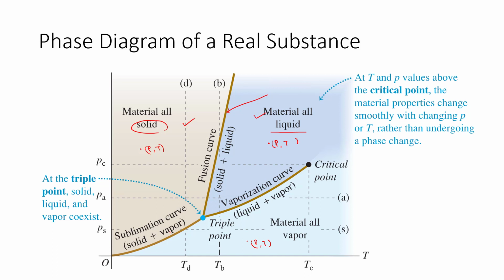Likewise, the vaporization curve, which is this one, separates the liquid and vapor areas, liquid on the top and vapor on the bottom, and the sublimation curve, which is this one, separates solid and vapor areas, solid on the top here and vapor on the bottom here. All three curves meet at a triple point, which is this blue dot, the only condition under which all phases can coexist.